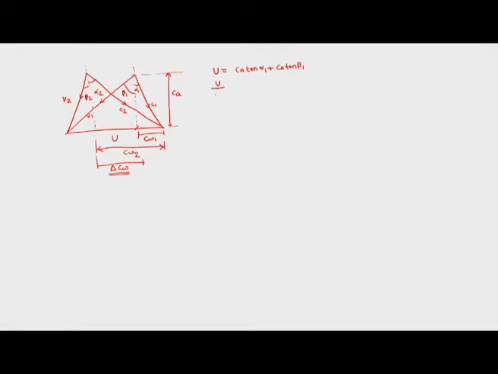So u upon CA is equal to tan alpha 1 plus tan beta 1. This is from the inlet velocity triangle, and we would name it equation number 1.